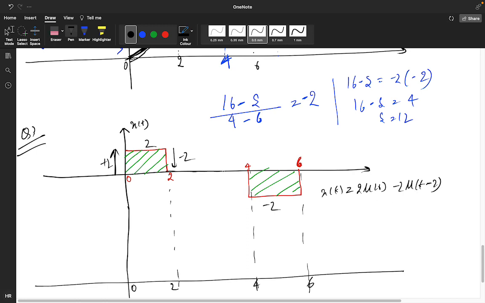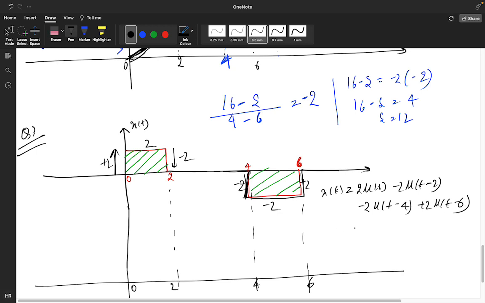So it's going like this. At 4 again minus 2, so minus 2u of t minus 4. Then plus 2. It's moved like this. Then plus 2u of t minus 6.